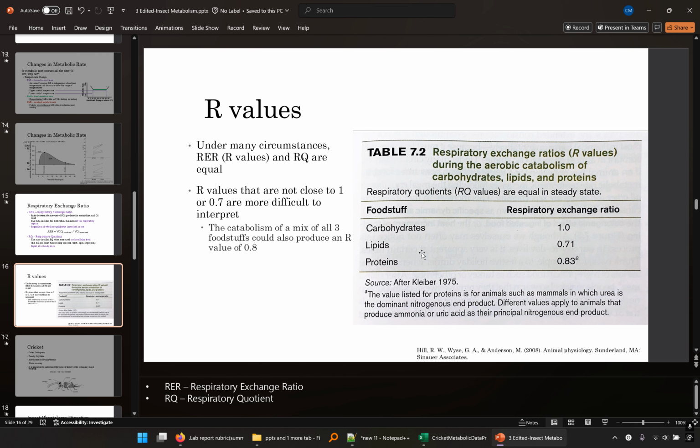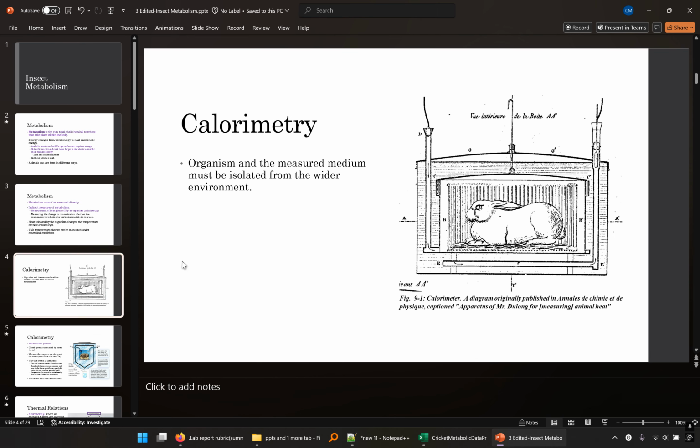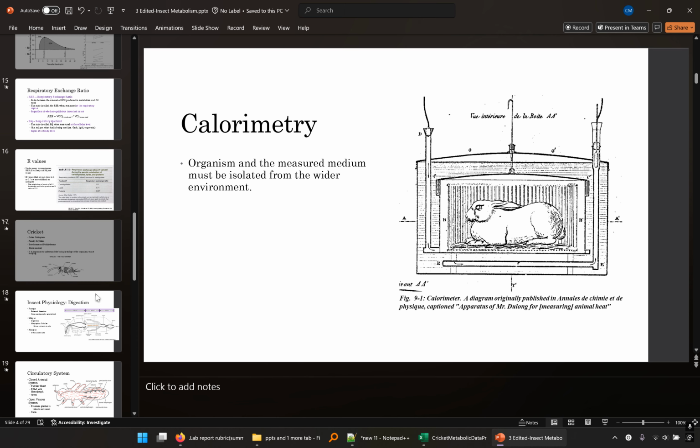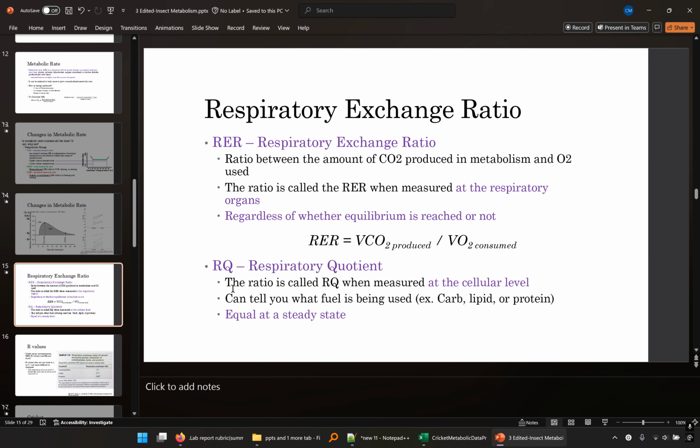So if your cricket was eating lipids, for instance, the respiratory exchange ratio changes. And that means that there's going to be a deficit in the change in metabolic rate whenever you're measuring these, because this is not actually measuring the calories burnt. This is only measuring the CO2 released or the oxygen consumed in reactions across the insect's body.